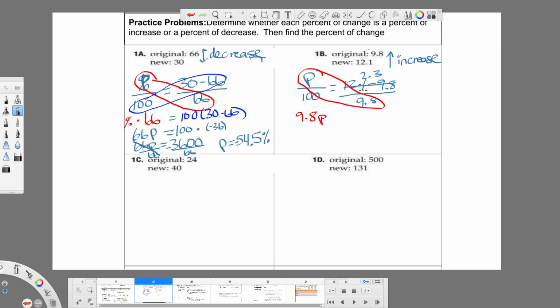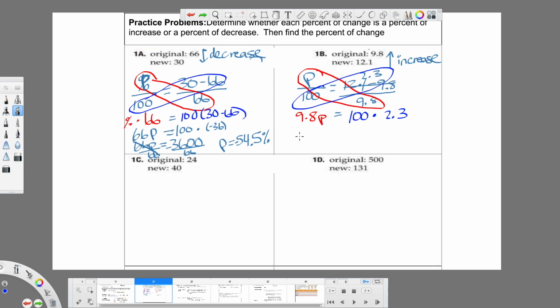All right, so equals 100 times 2.3. And this guy's positive when I subtracted original from new, which again indicates that increase. All right, so we're going to multiply by 100. Really just means move this decimal 1, 2 times.